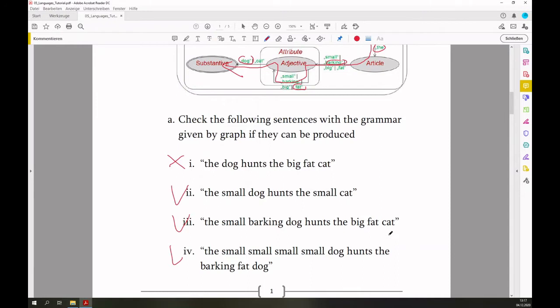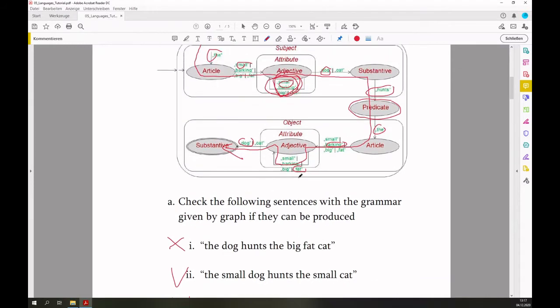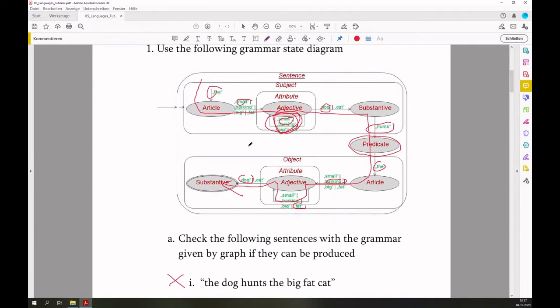To accept the first sentence, the dog hunts the big fat cat, we can have a look at it. Let's first of all clean up again, and then let's have a look.